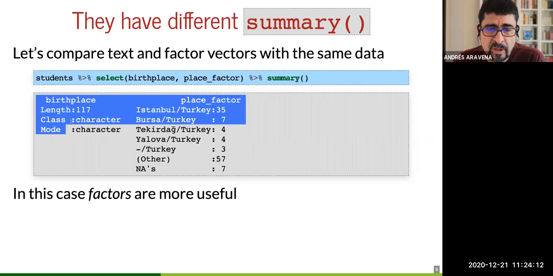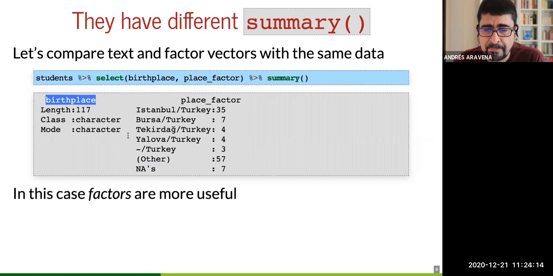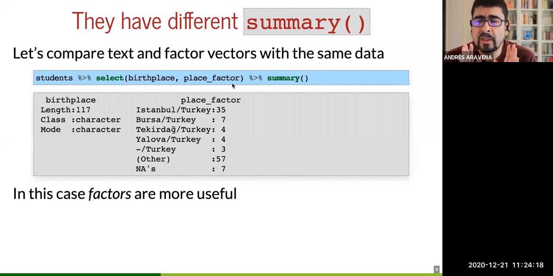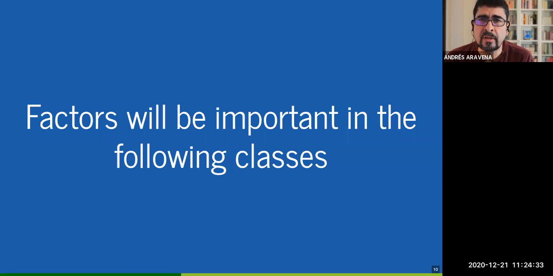Here we also have not available in the birthplace, but we don't see them. So the first win is that factor works better with summary. Summary realizes that factors are a limited number of options and counts them. Factors are more useful, and in fact, factors will be super important in the following classes.